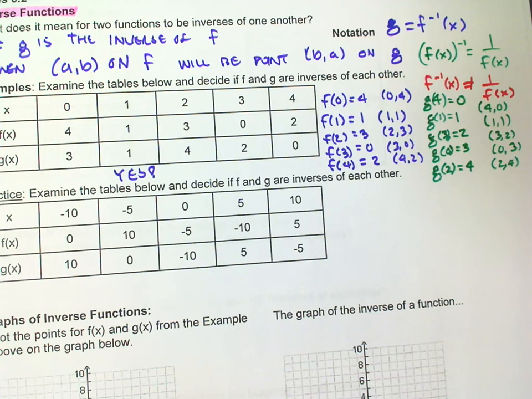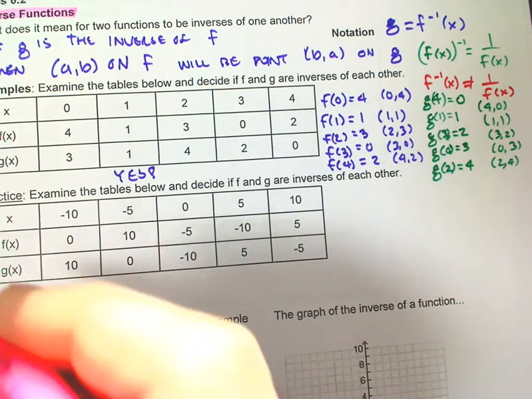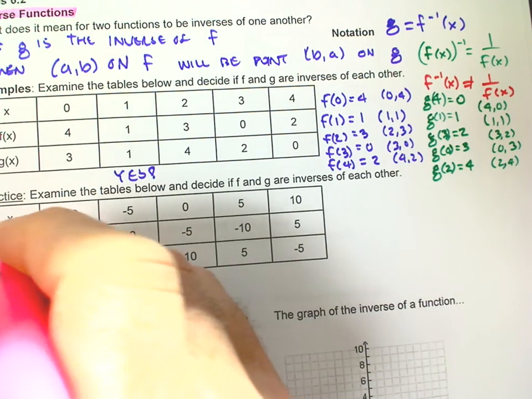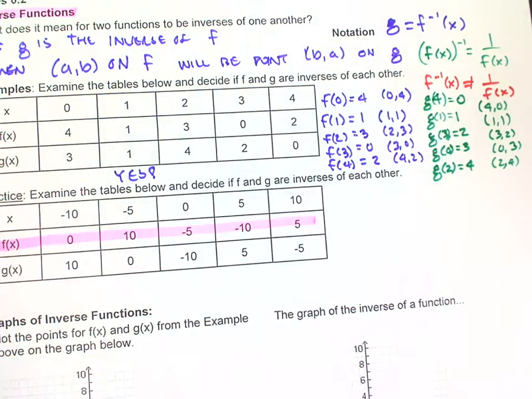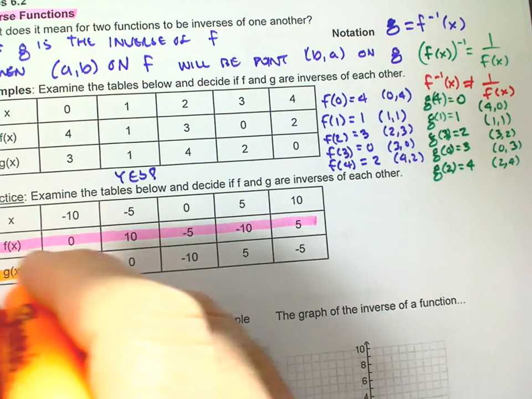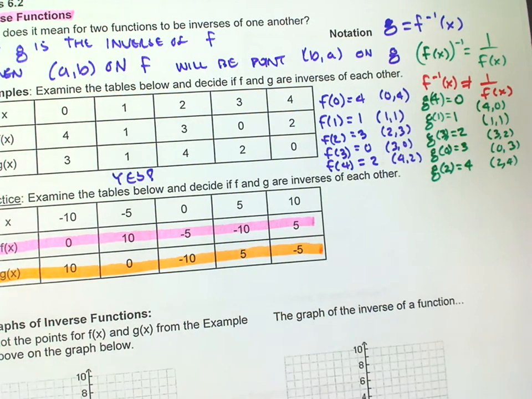Let's take a look at our next table. And in this one, again, we have to make sure we're reading off these correctly. We're going to read the f function's values and our g function's values, and just compare those. Okay.